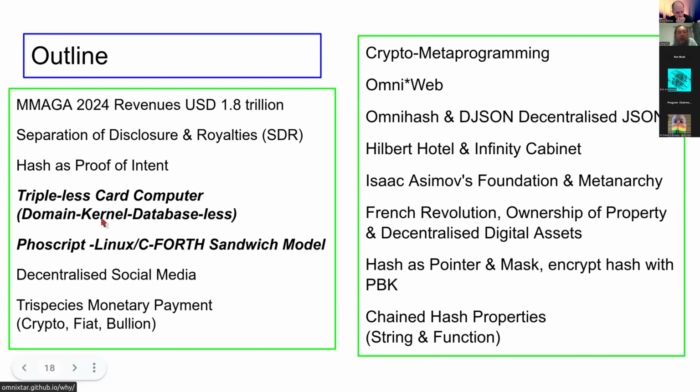The next part is we need to do this domain and kernel, meaning that the domain part is now performed by I2P, the Invisible Internet Project, and it needs a Java interpreter. Which is why I propose this sandwich model of how we can create this.